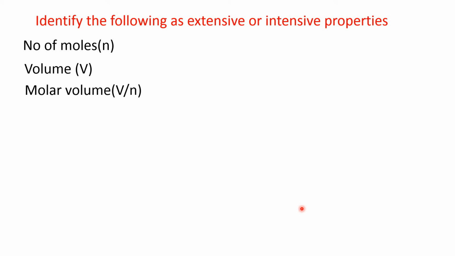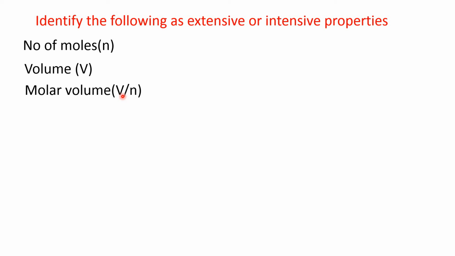Identify the following as extensive or intensive properties. First one, number of moles, we know it is an extensive property. Then volume, we have already explained, it is an extensive property. But molar volume, that is volume by number of moles, is one extensive property divided by another extensive property, the ratio of two extensive properties.